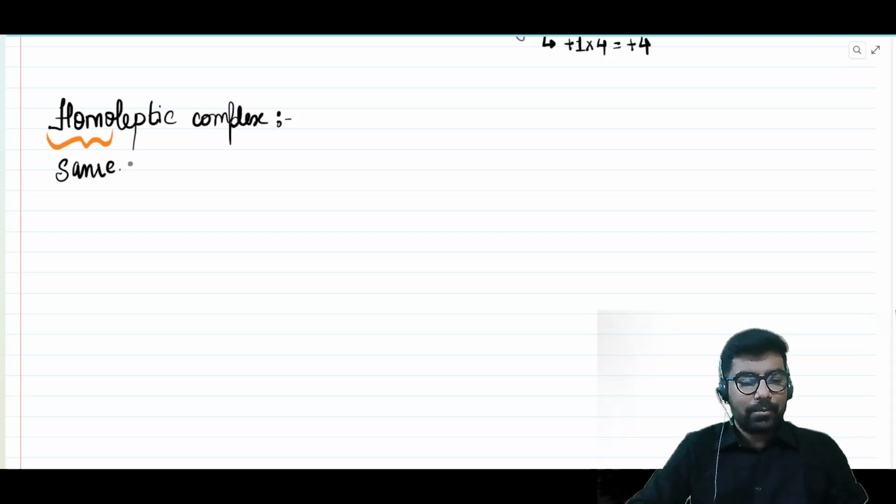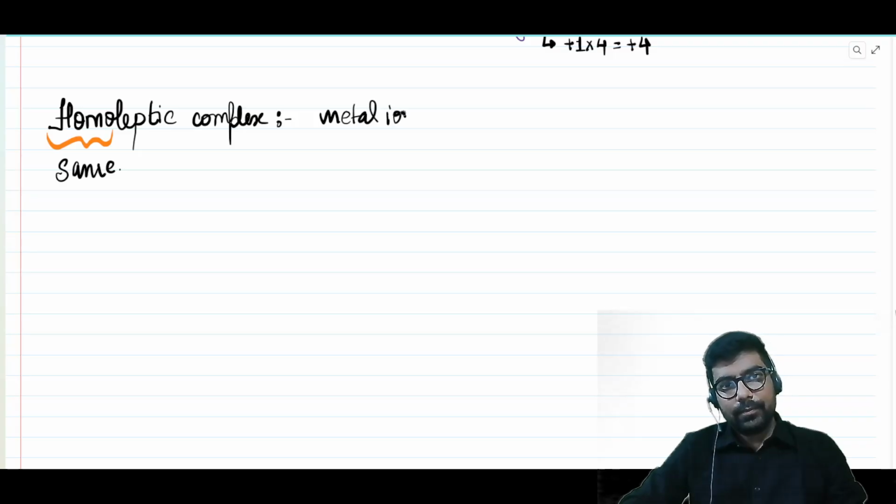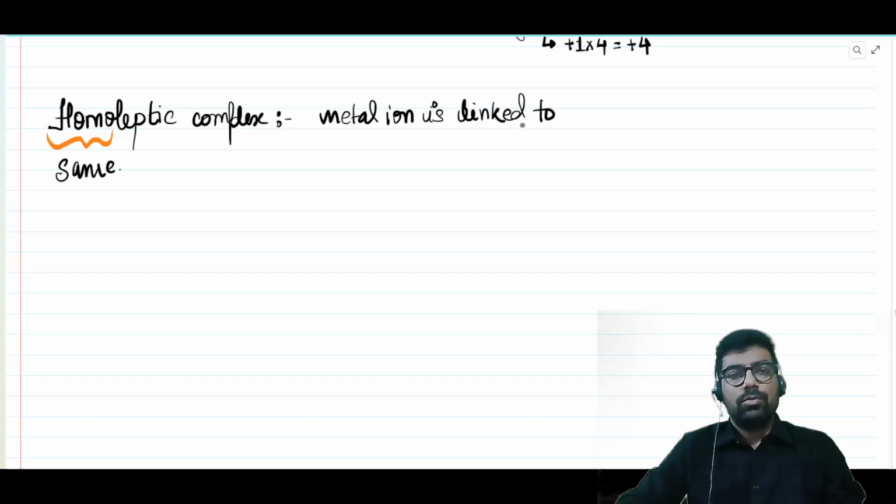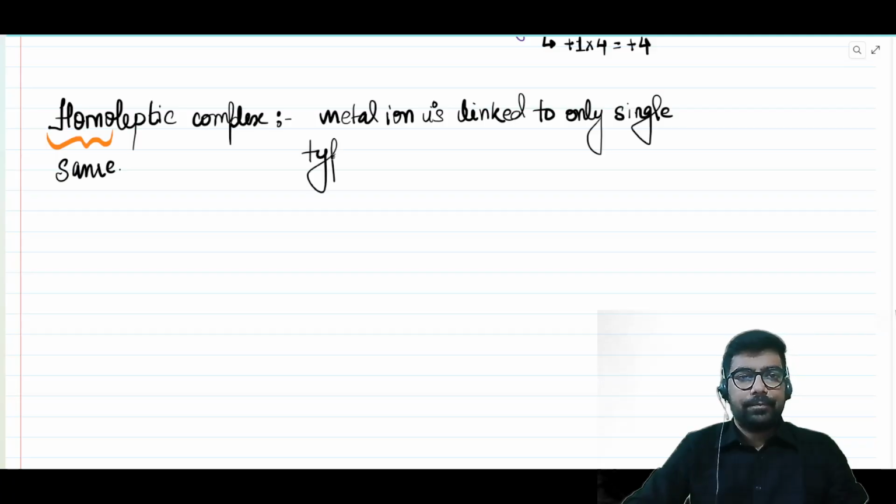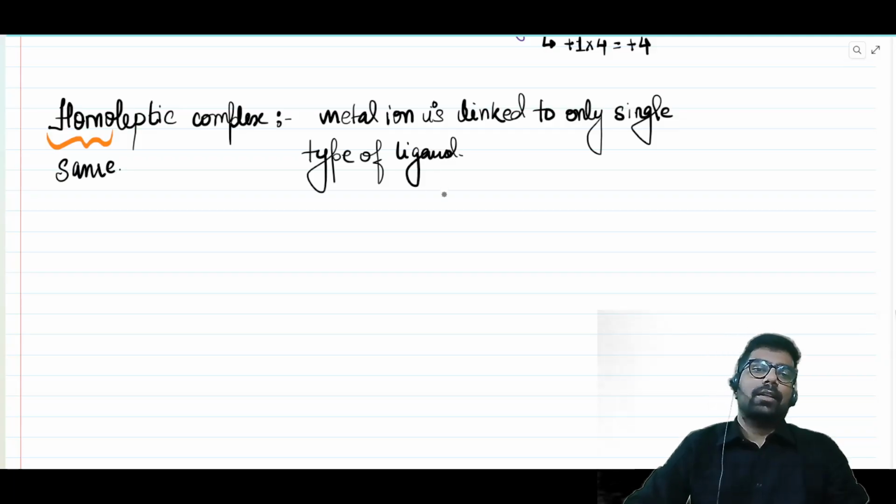So what are homoleptic complexes? Homoleptic complexes are complexes in which the metal ion is linked to only single type of ligand. Okay, metal ion is attached to only single type of ligand, means there is only one type of ligand.